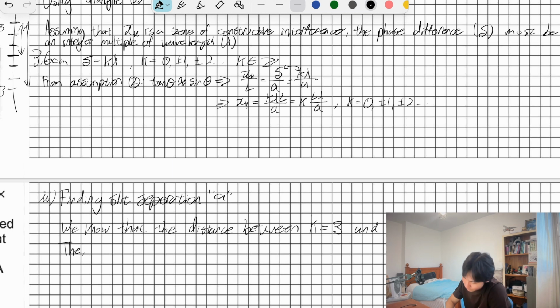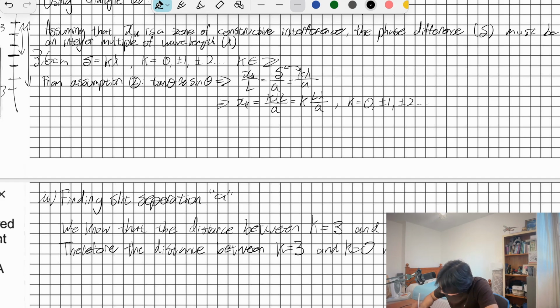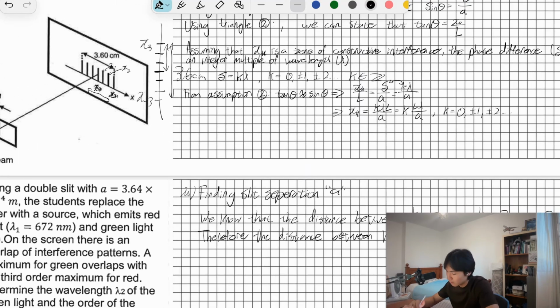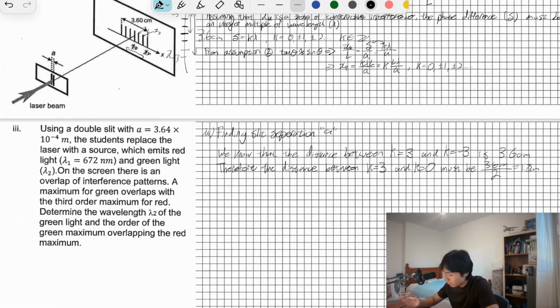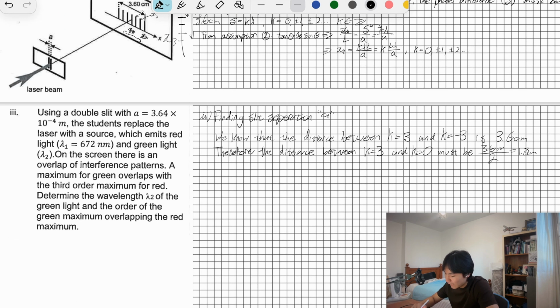Therefore, the distance between k equals 3 and k equals 0 must be 3.6 centimeters divided by 2, which is 1.8 centimeters. Now we are given quantities, and we want to find slit separation A.